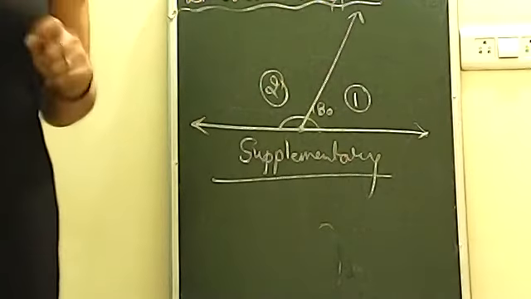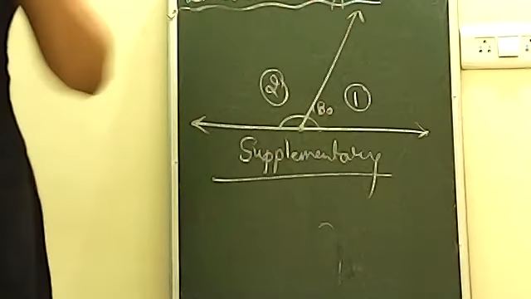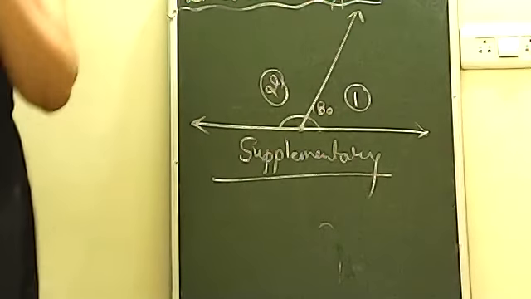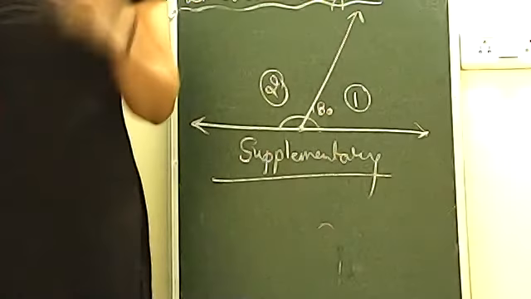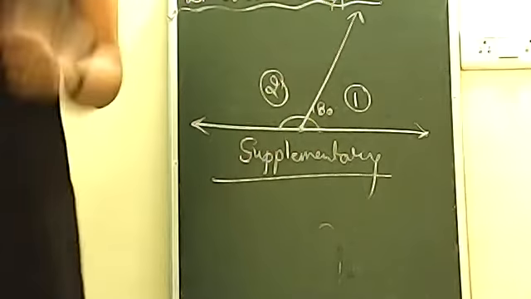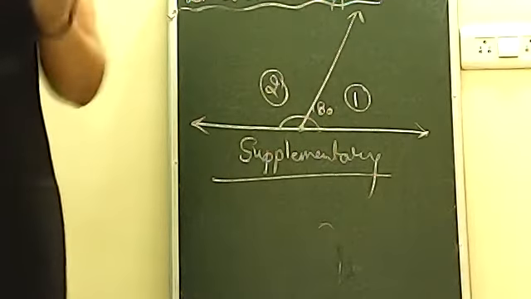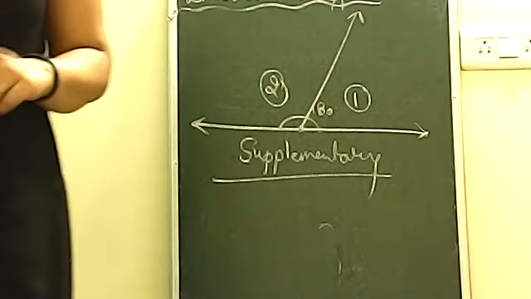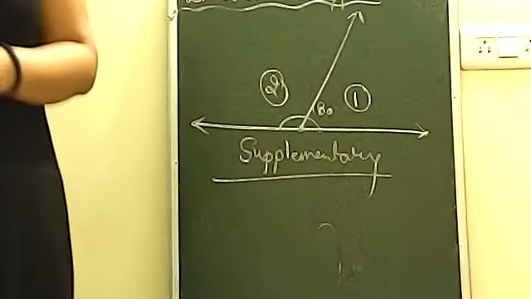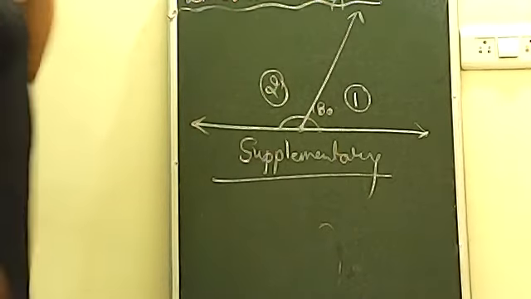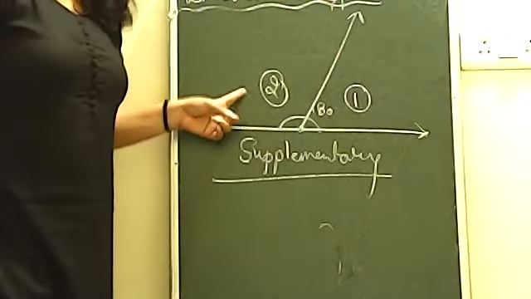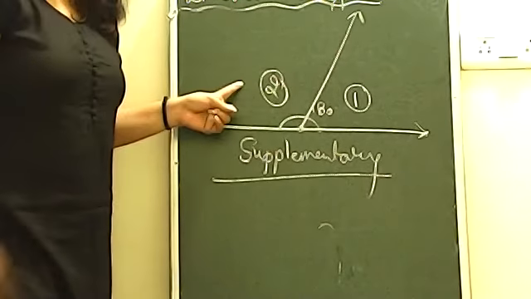And this is a very often coming question, because it always comes. If you have a pair of supplementary angles and if one angle out of them is acute, what will be the other angle? Now I am changing my question. If one angle is obtuse, what do you think?